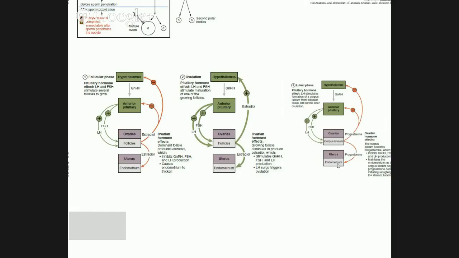Progesterone then has an effect on the endometrium of the uterus, just like estradiol did, but it has a different effect on it. And progesterone acts as a feedback signal, again, inhibiting the hypothalamus and the anterior pituitary. And this is going to lower the levels of production and secretion here, bringing the cycle to an end. So after 10 or 12 days of progesterone signals going back here, everything will shut down and the cycle will end.